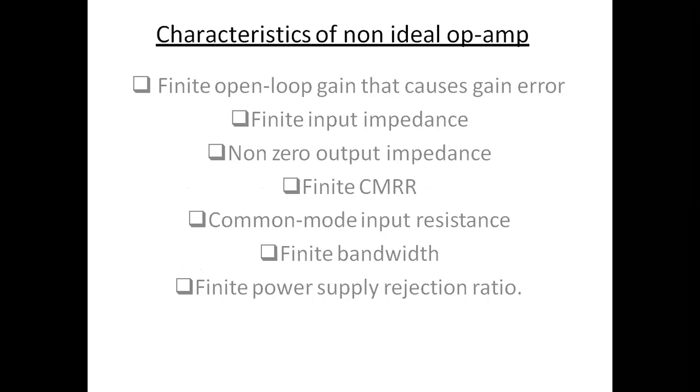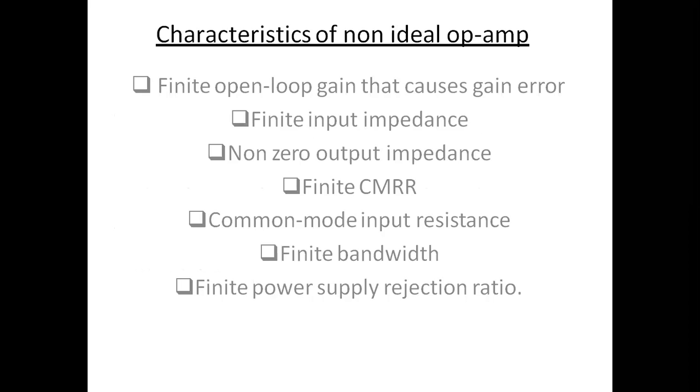There are different characteristics of the non-ideal op-amp. These are exactly opposite to the ideal op-amp. Here the gain will be finite, which causes gain error. Here we have finite input impedance and non-zero output impedance.